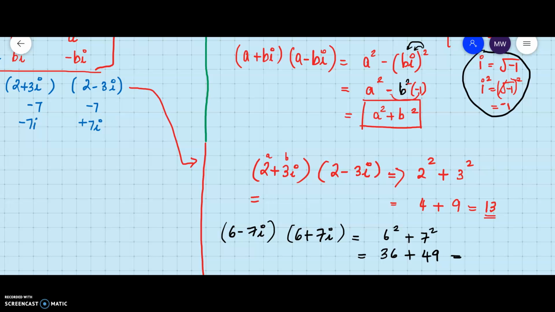Let's add that, and we get 85 as our answer. So that's it. These are the two skills that we should review before we try to divide complex numbers.